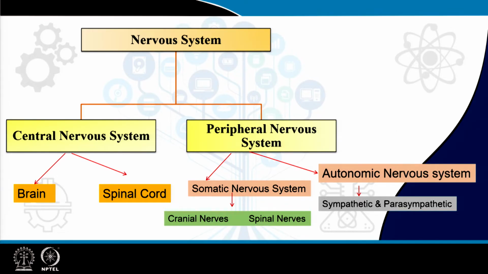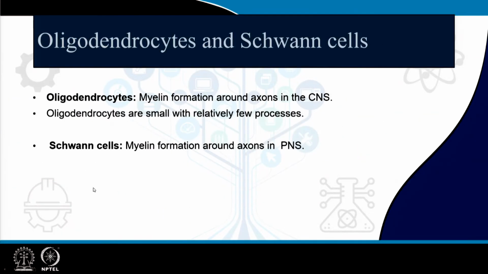It receives information not only from our body, but it collects information from our surrounding area through our body system, and also it processes that information and sends back to the effectors. Now, central nervous system has brain and spinal cord. Brain is the main seat of cognition, and spinal cord is mainly responsible for the postural reflexes.